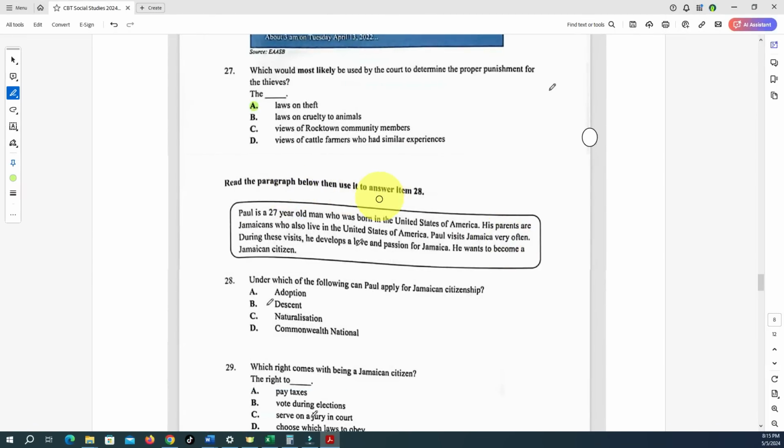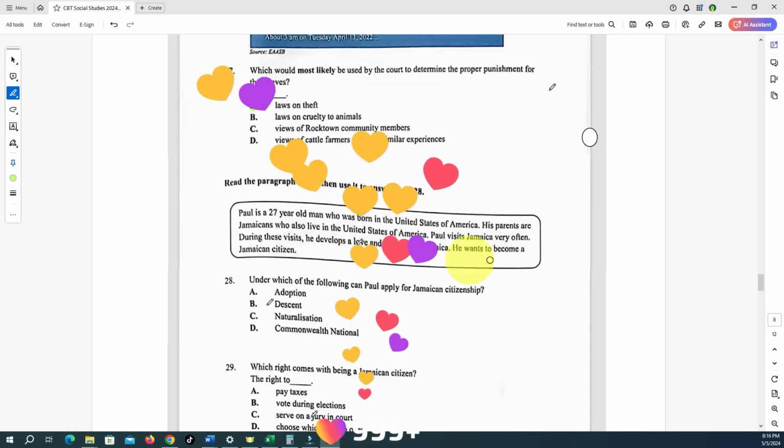Read the paragraph below, then use it to answer item 28. Paul is a 27-year-old man who was born in the United States of America. His parents are Jamaicans who also live in the United States of America. Paul visits Jamaica very often. During these visits, he develops a love and passion for Jamaica. He wants to become a Jamaican citizen.